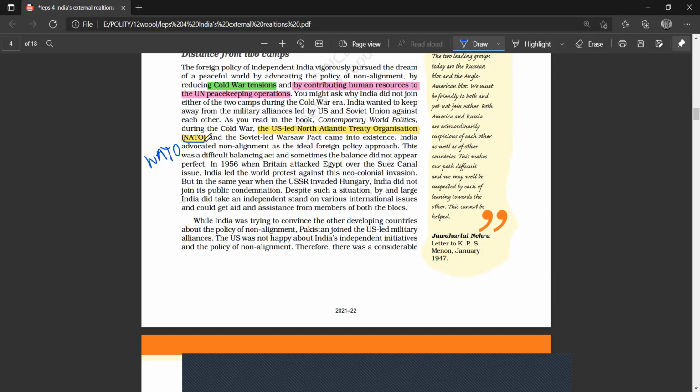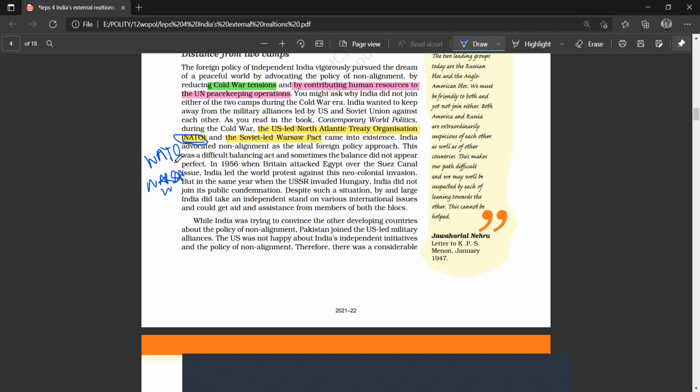If anybody attacks the US or its allies, the US and other allies are going to fire back. The Soviets formed the Warsaw Pact. Another important thing here is to understand NATO versus Warsaw.